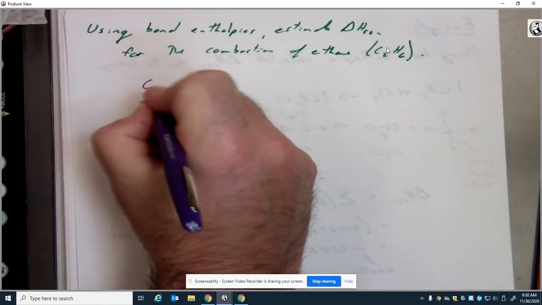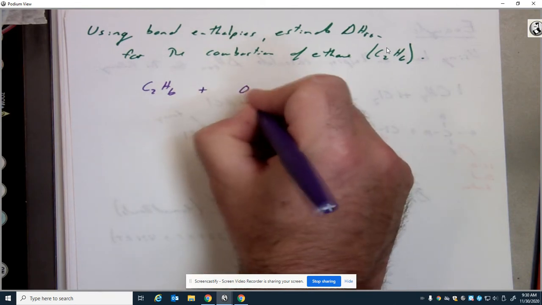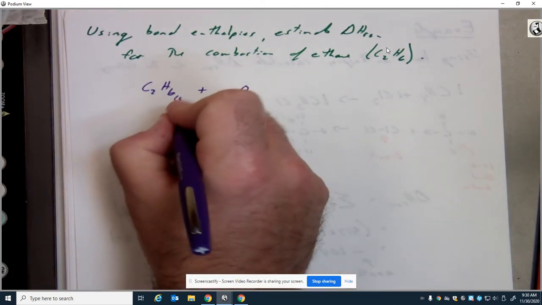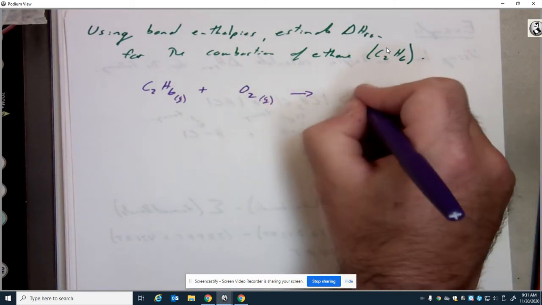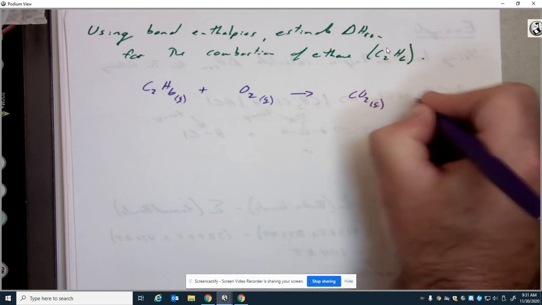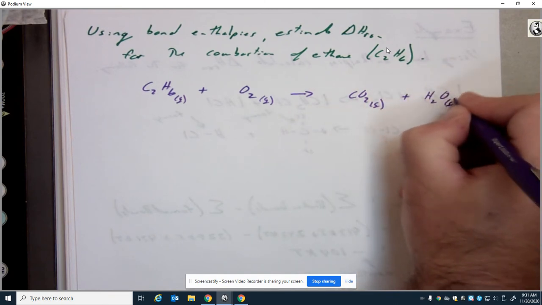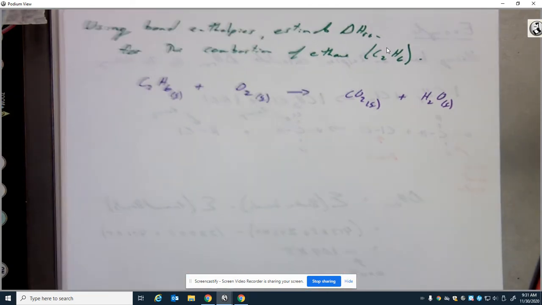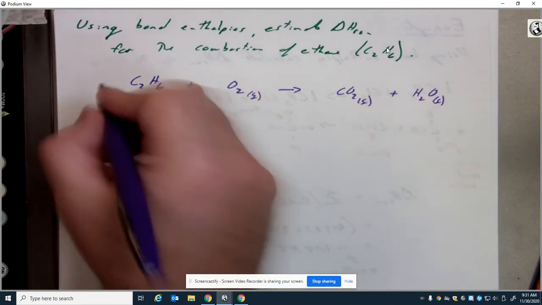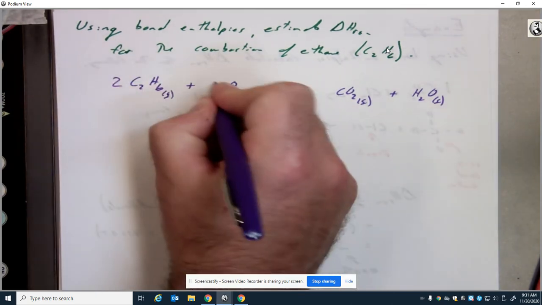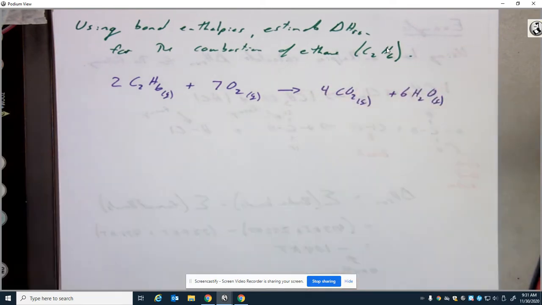So we're going to take C2H6 and react it with diatomic oxygen, and these are all gases. And it produces carbon dioxide gas and water vapor. And if we balance this, this will be a 2, this is a 7, this is a 4, and then this is a 6.